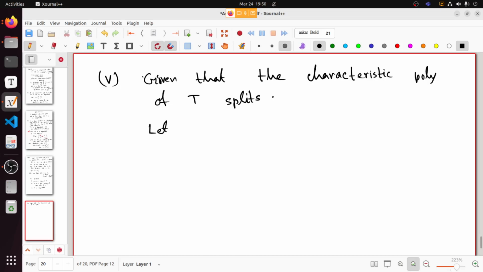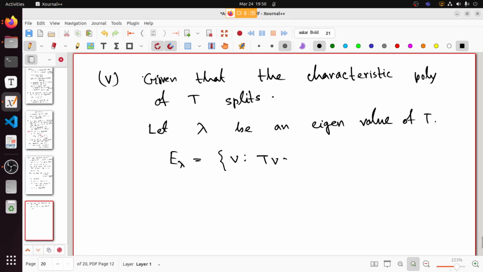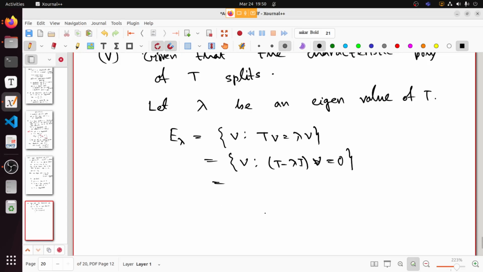So let lambda be an eigenvalue of T. Then what will be E lambda? E lambda is the eigenspace, all such v such that Tv equals lambda v, meaning all such v such that (T minus lambda I) v equals 0. So this is the null space of T minus lambda I.